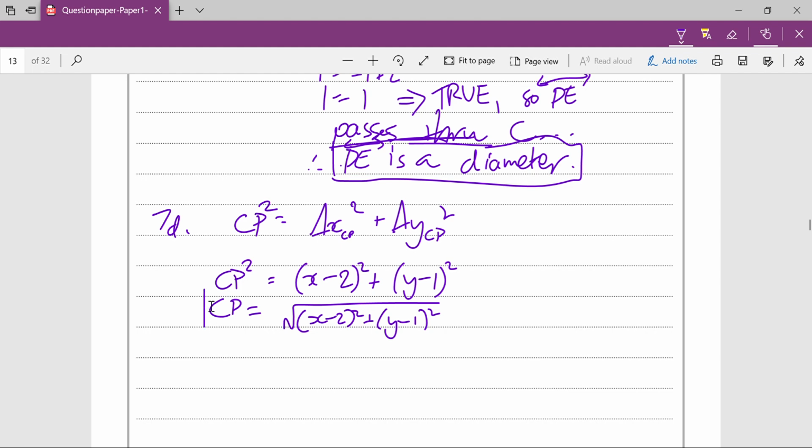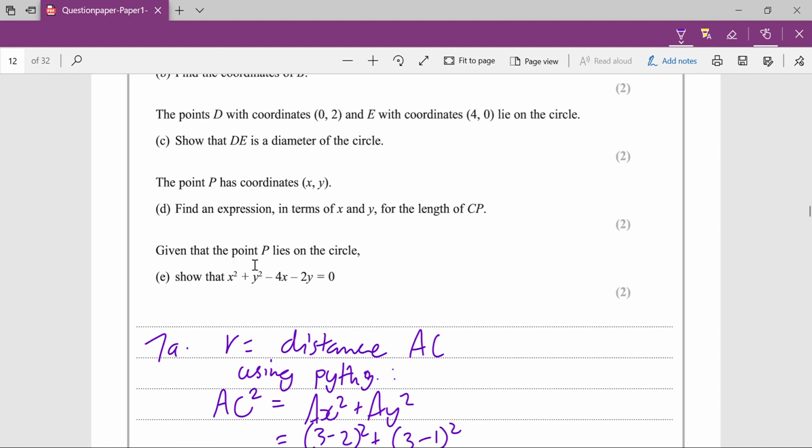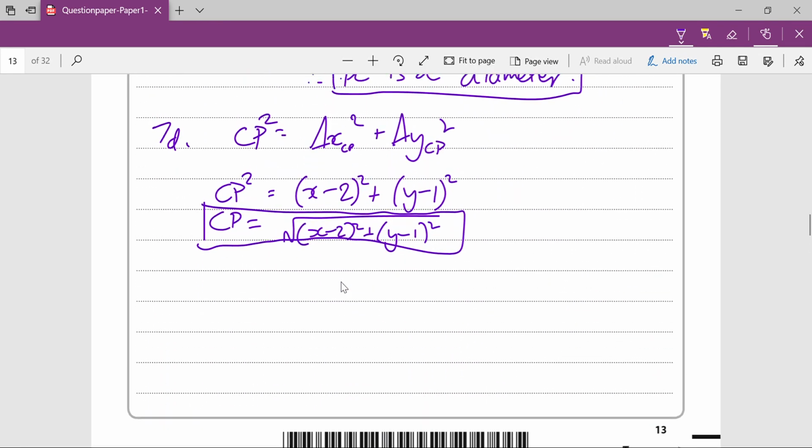Alright, so that was fairly simple as far as it goes. And given that the point P lies on the circle, show that x squared plus y squared minus 4x minus 2y is equal to 0. Alrighty, so if it lies on the circle, then it must have a distance equal to the radius.